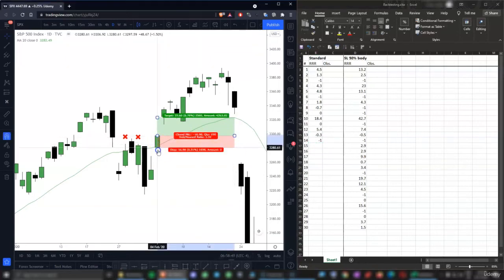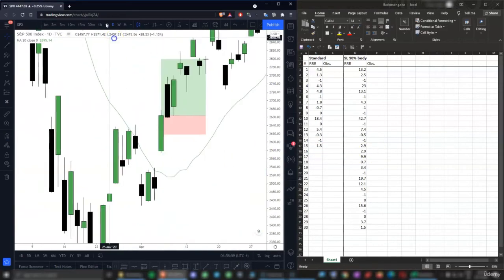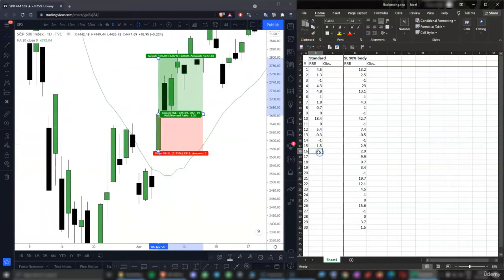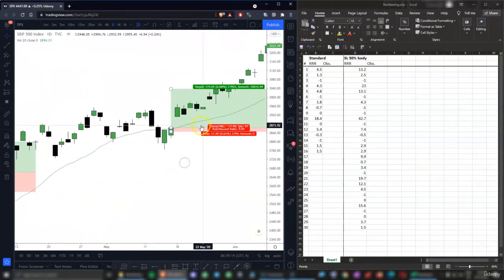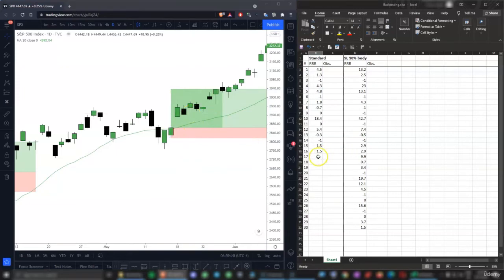And next one, it's 1.5. Next one is the same. 3.7.